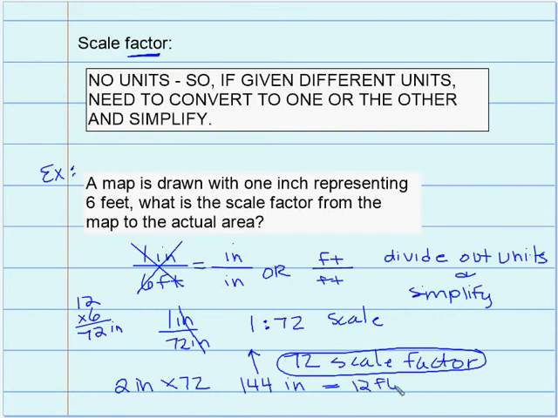And you might say, okay, so why didn't I just use 1 to 6? Well, if you have 1.5 inches, that might be a little less clear when you multiply that you have 9 feet. Okay, this is how it works. Scale factor will not have units, and it's just the number that you would multiply.